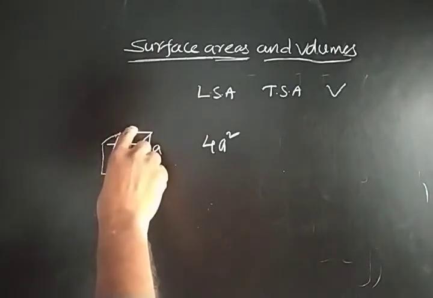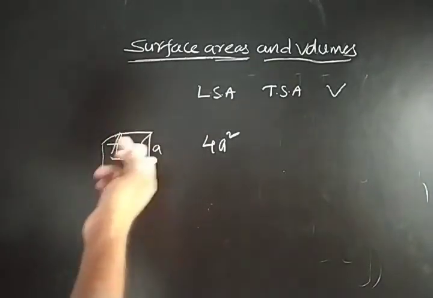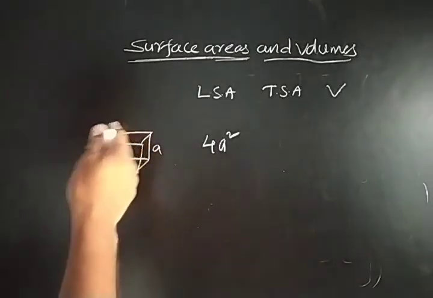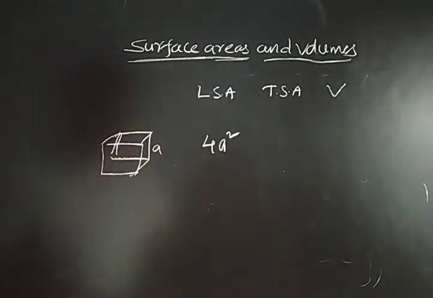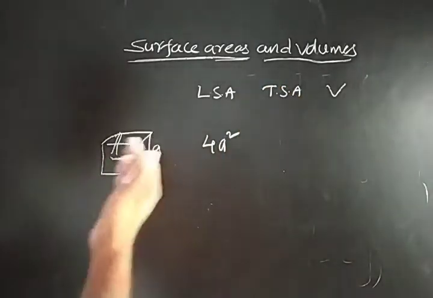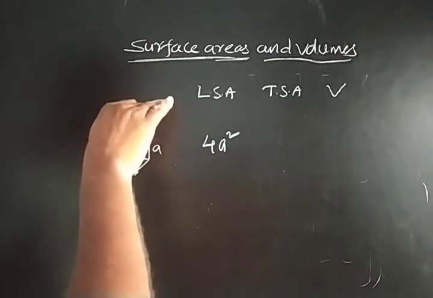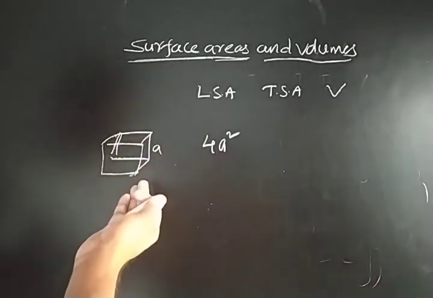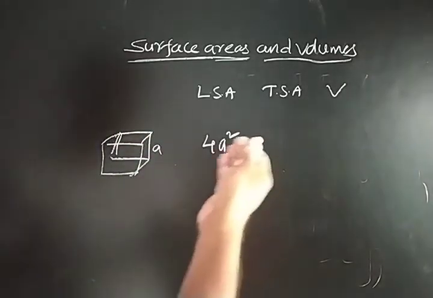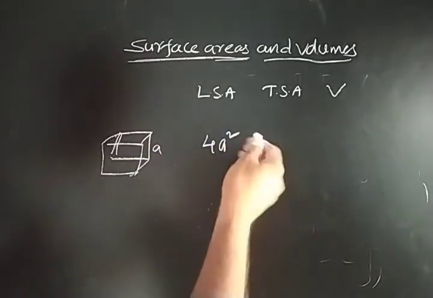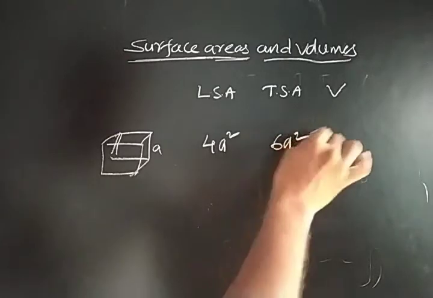If you assume this cube as a room, then you have to add the 4 walls area. Each wall area is A square, so A square plus A square plus A square plus A square, 4A square. TSA means 4 walls area including upper part area and lower part area. Upper part area is A square, lower part area also A square. So I am adding upper part area and lower part area: A square plus A square plus 4A square. It will be 6A square.